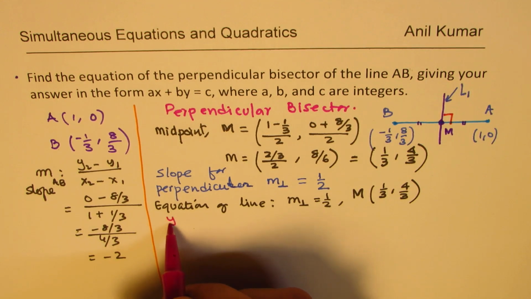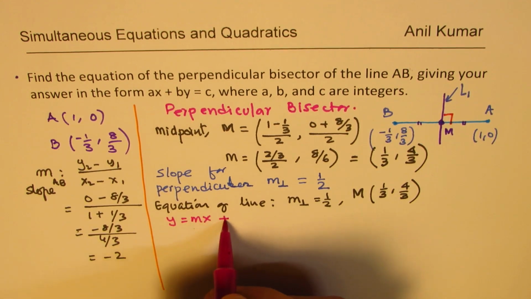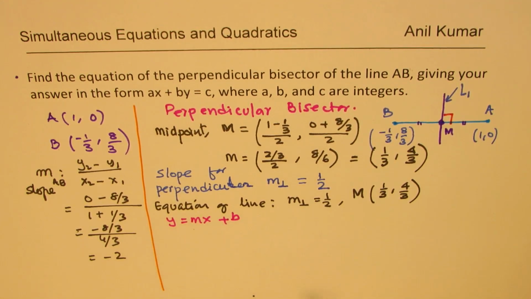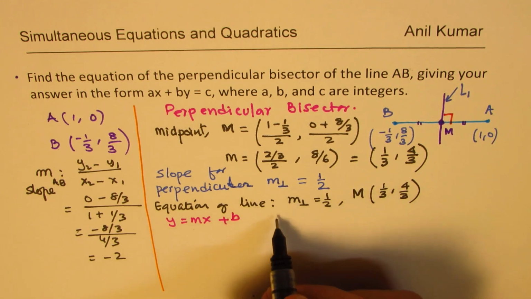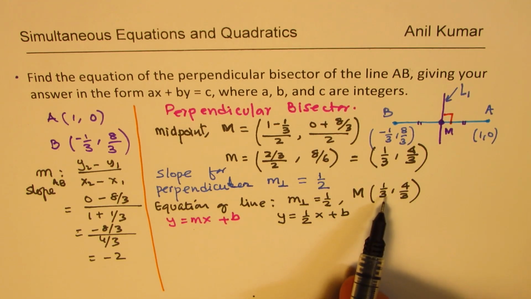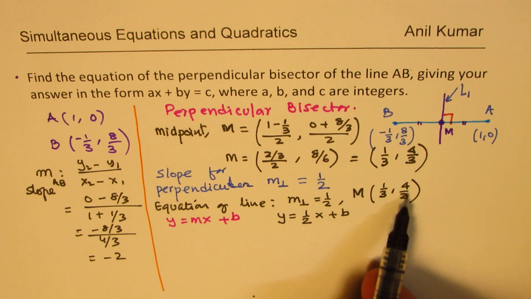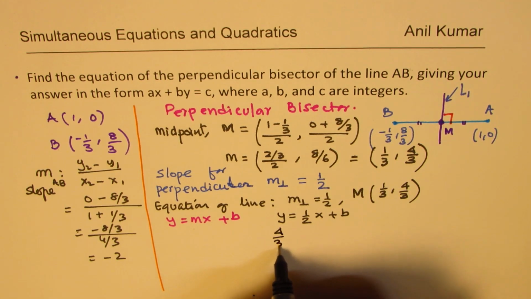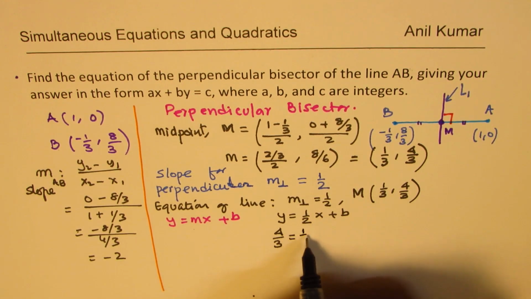We can use that, okay. So we could write this equation as y equals to slope of half x plus b. Now to find the value of b, I'm going to use these 2 points. So 4 over 3 is the y value, and the x value is 1 over 3 plus b.